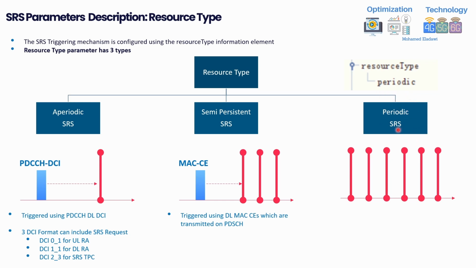This means there is no instruction needed from the gNB, as long as the configuration is delivered from the beginning, informing the UE when to periodically report the SRS. And as you can see, it will all the time be reporting the SRS based on specified intervals. So this one doesn't require any triggering condition. It will be reported directly by the UE based on the previously delivered configuration in the RRC configuration message.